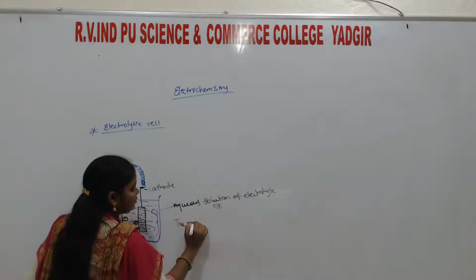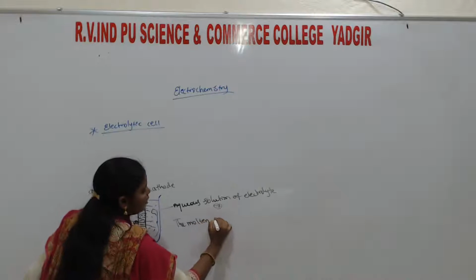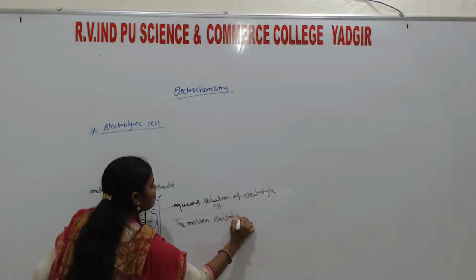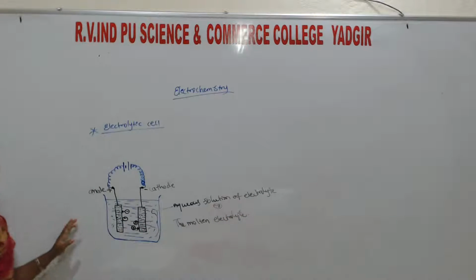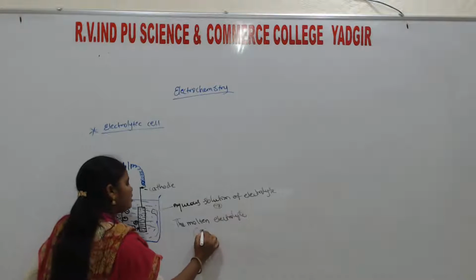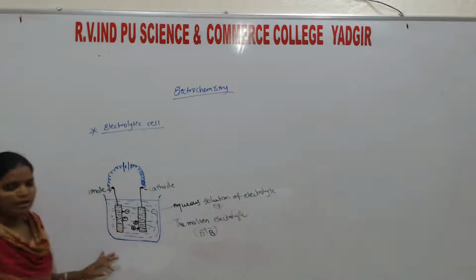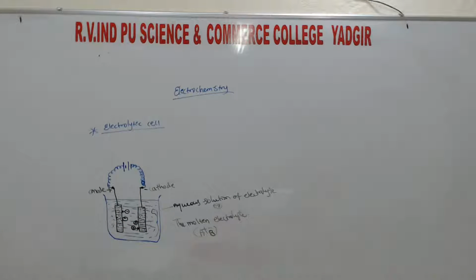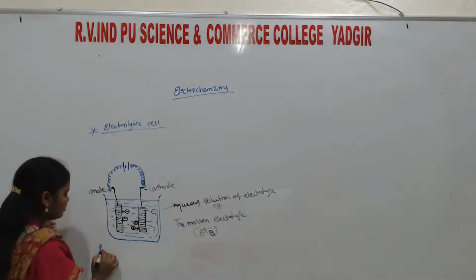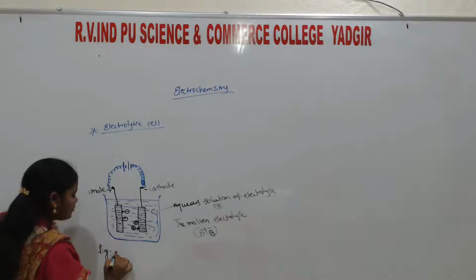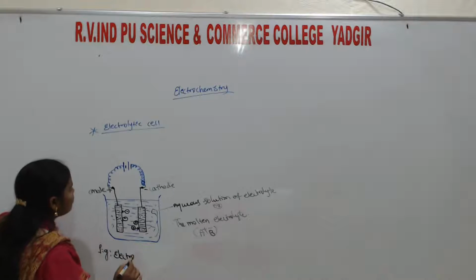The molten electrolyte has A positive ion and B negative ion. You consider A positive and B negative, that is the molten electrolyte. Here we are considering this as an electrolytic cell. This figure is the electrolytic cell.